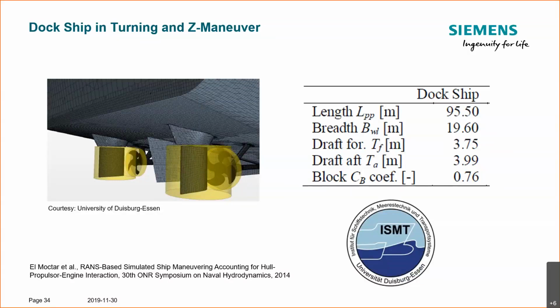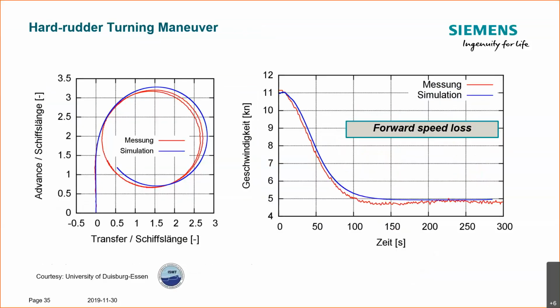So it's a twin screw ship with spade rudders, roughly 100 meters long. You can see the main particulars in the table here. Right off the bat, a hard rudder turning maneuver of 35 degrees rudder angle basically yielded these results.